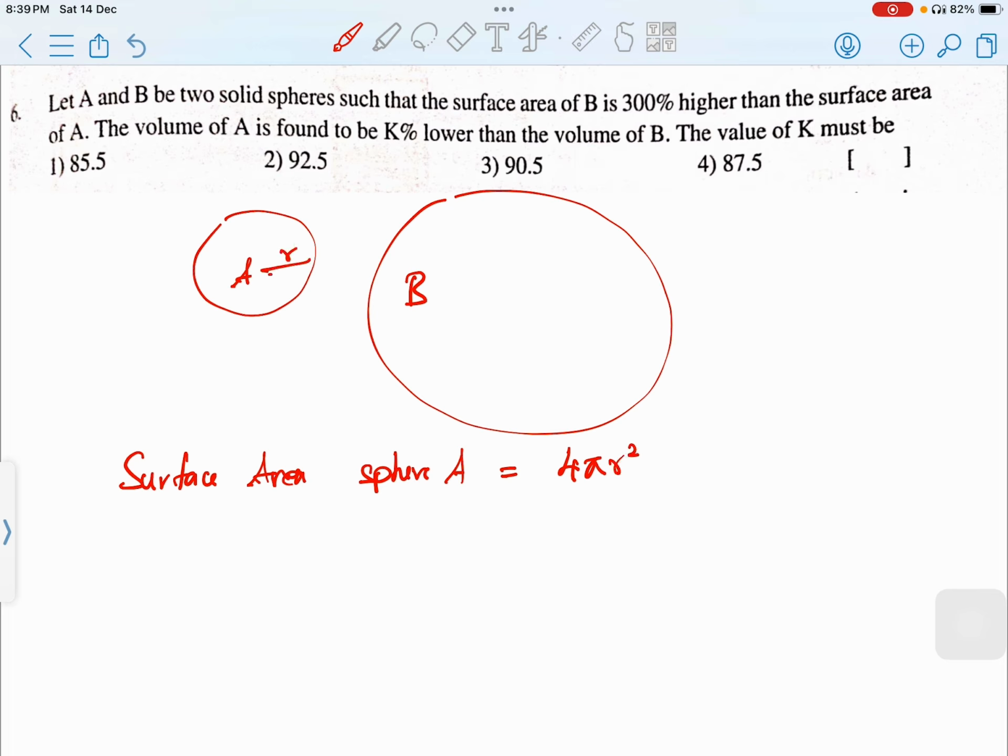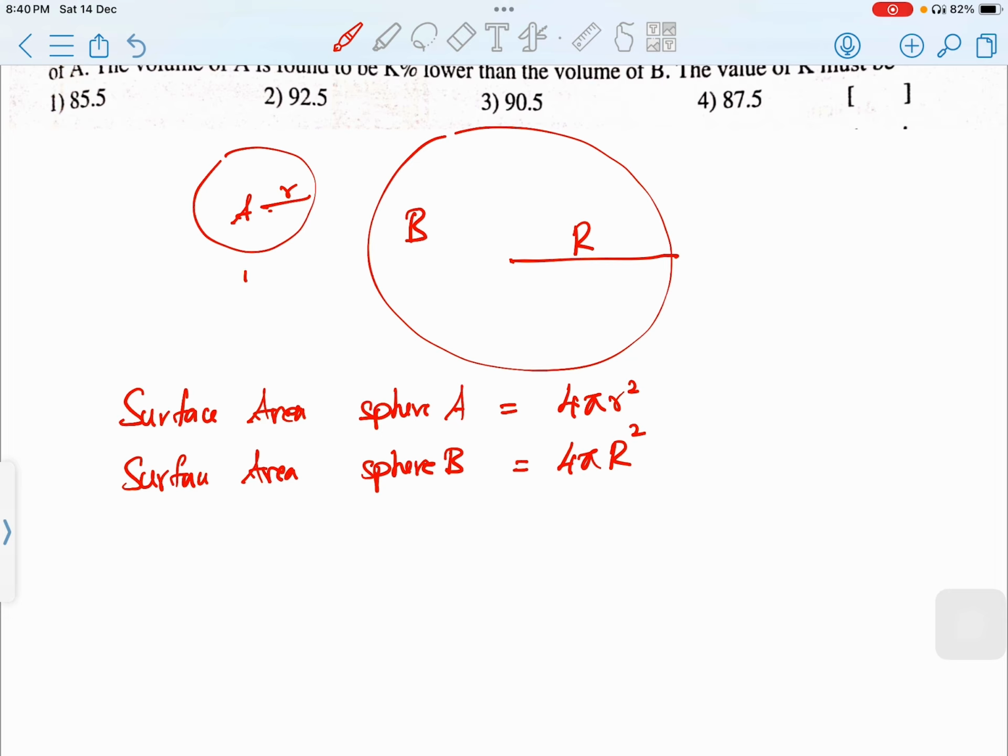Let's take the same surface area of sphere B, which is 300% higher than that. 300% higher than means if it is having some radius r, it is 4 pi r square. They told 300% higher means if initially this was 100, this will be 400. 300 times it is higher, so plus 300.